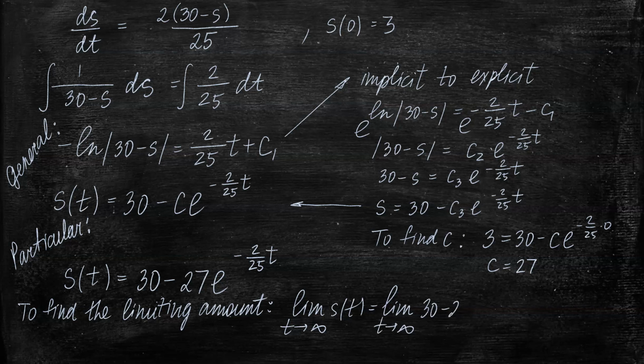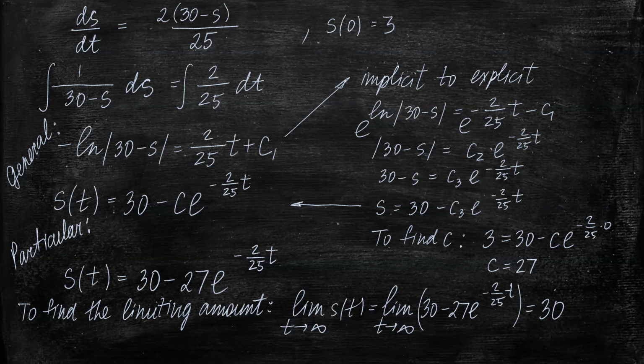So in this case, we have a very simple limit problem. As t goes to infinity, negative 2 over 25 times t goes to negative infinity, e to the negative infinity goes to 0, and the answer is, so when we multiply 0 by 27, it's still 0. 30 minus 0 is 30.